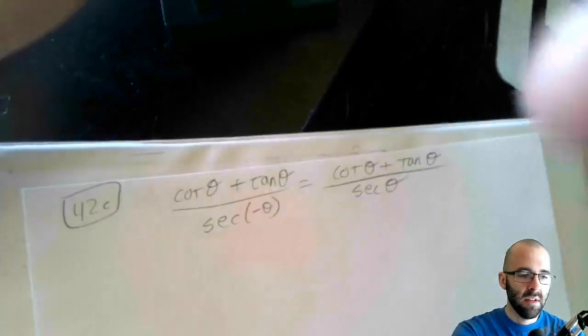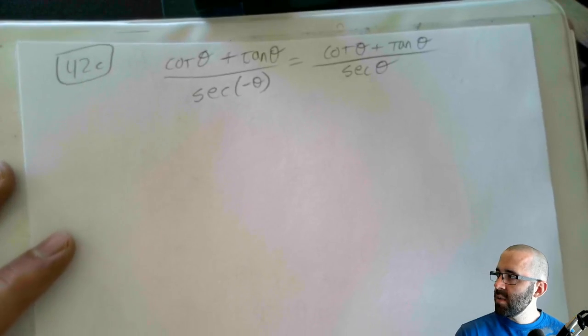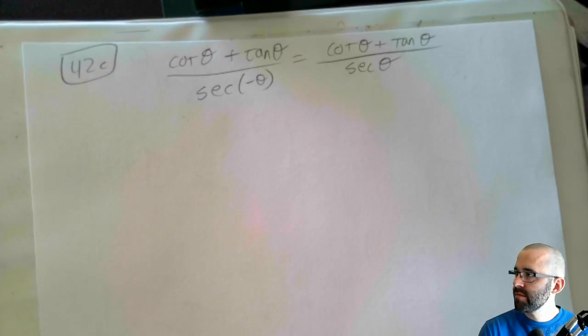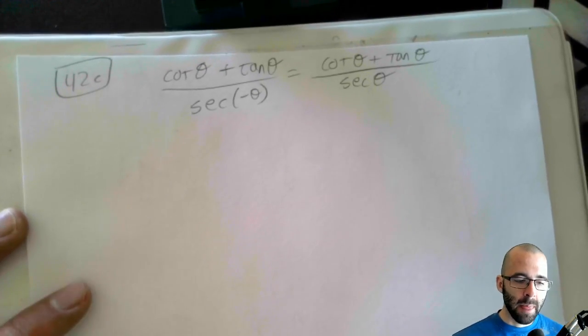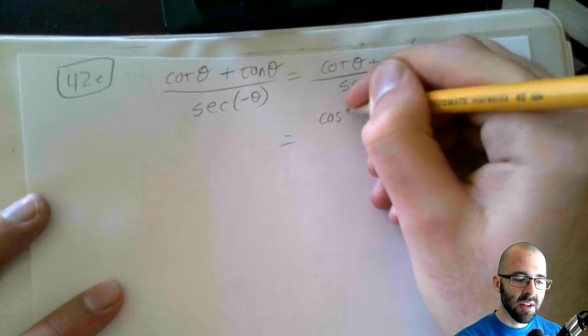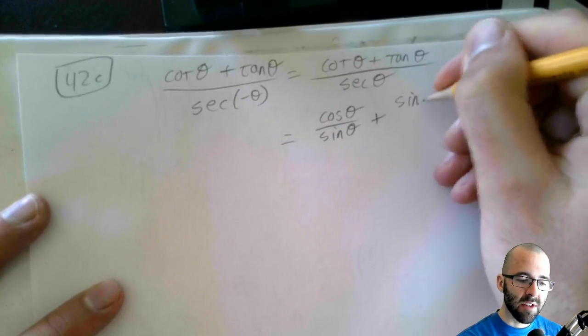Zoom in a little bit. It means I have to scroll more, but hopefully it'll be easier to read. And now we just put things in sines and cosines. So cotangent is cosine over sine. Tangent is sine over cosine.